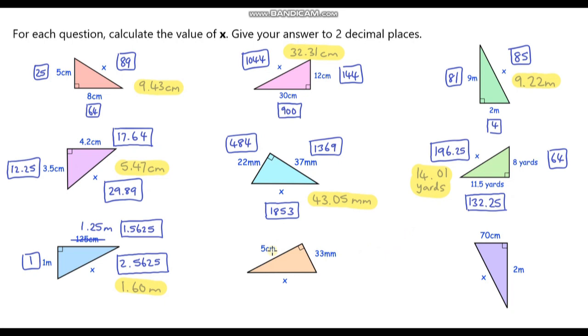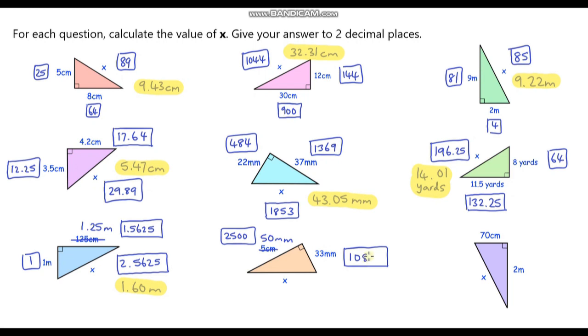Okay, the next one, we've got centimeters and millimeters. So again, we've got different units. I think I'm going to convert into millimeters this time. So instead of 5 centimeters, well, that is the same as 50 millimeters. And now I can go ahead and use Pythagoras. So first of all, let's square this. So 50 squared is 2,500. And now 33 squared, that is 1,089.